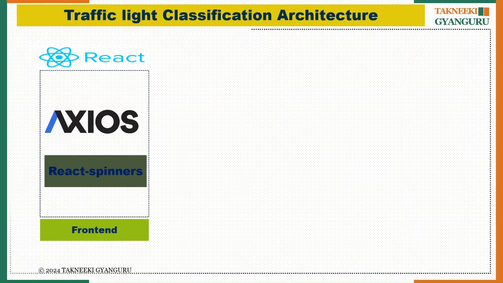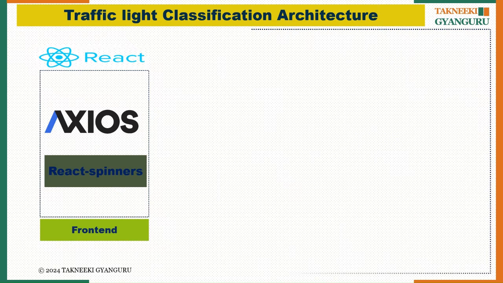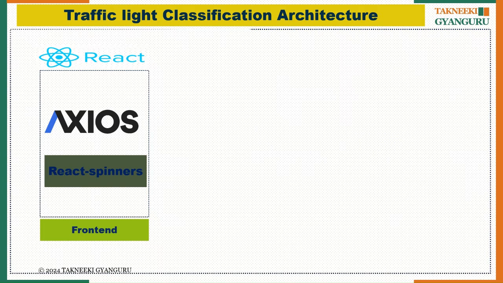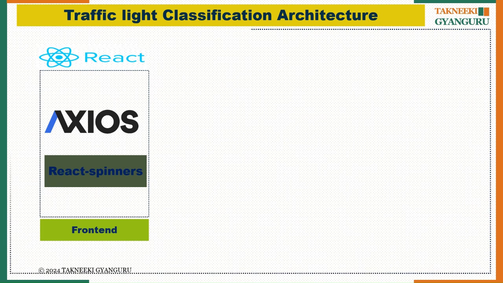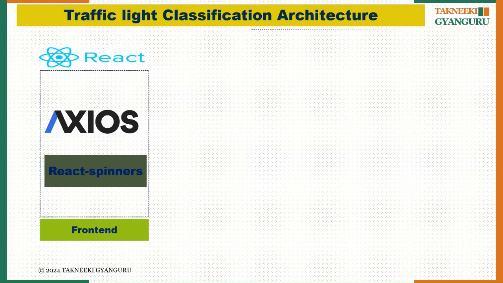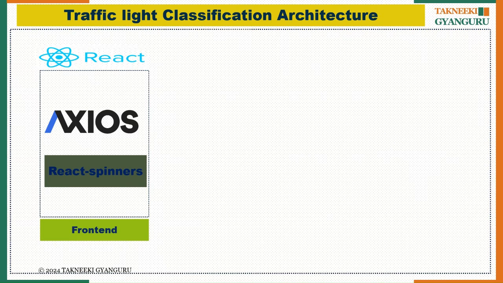So when an API call is raised, until we get the response from the backend, the React Spinners will show you a loading image. And once we have the response from the server, the loading image will be gone and display the result.